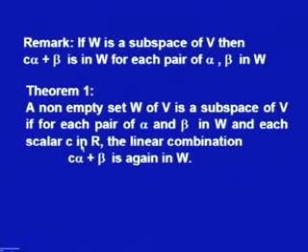So this is given in the form of a theorem. It states that a non-empty set W of V is a subspace of V if for each pair of alpha and beta in W and each scalar C in R, this linear combination C alpha plus beta is again in W. So if this condition is satisfied, then W is a subspace, or if W is a subspace, then C alpha plus beta is again in W. So we have proved this theorem.